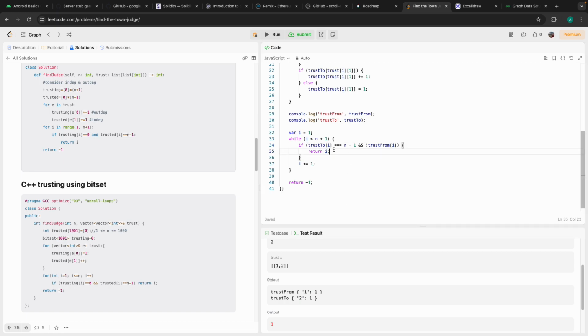For i, trust to i does not equal n minus 1, so it's wrong. For 2, we increase i, it will become 2. Trust to 2 does not equal n minus 1.